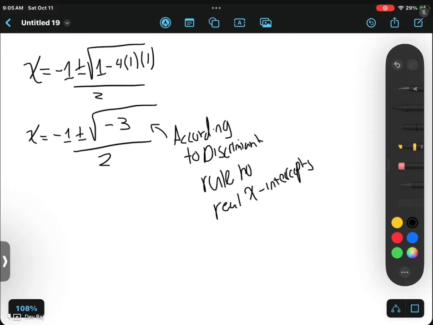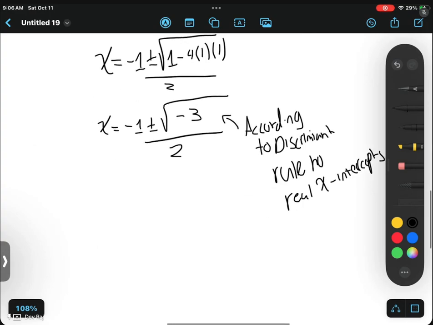A negative discriminant just means there's no real x-intercept. So there are no real numbers here, but complex numbers such as 3i, 4i are imaginary numbers. They still exist within this plane, right?